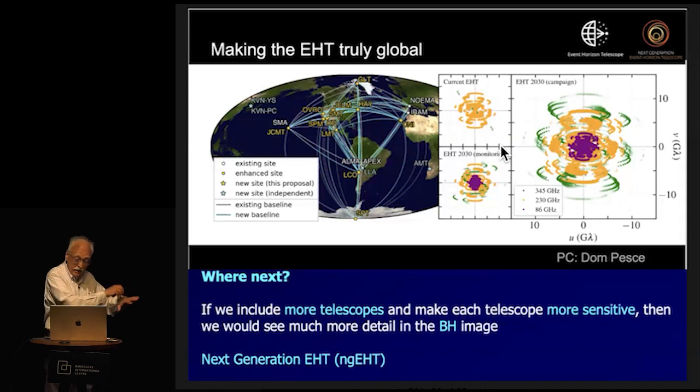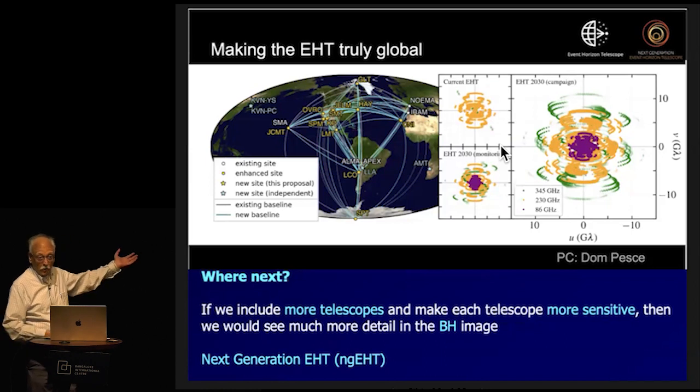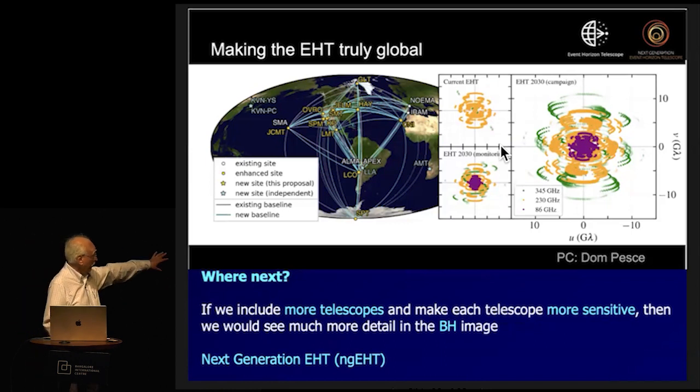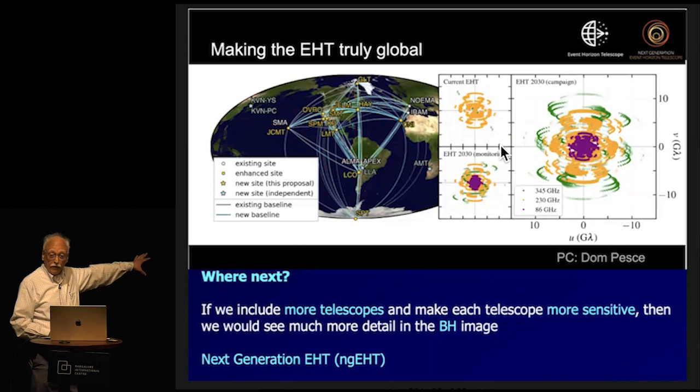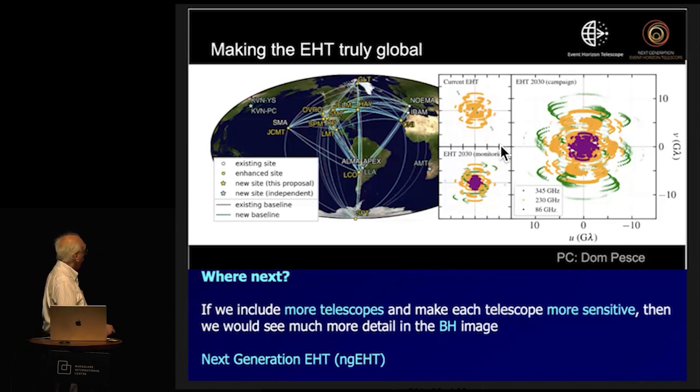But all within the limits of what technology can deliver. It takes dollars, money, rupees, yeah. But with enough funds, this can be done. And this is a project that's got a name. It's called the Next Generation EHT, NG-EHT. And this is being heavily pushed by the collaboration. Hopefully it will be funded and it will operate.